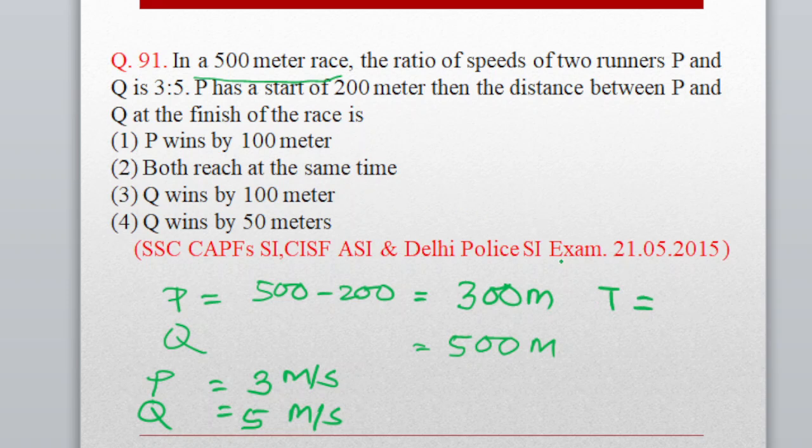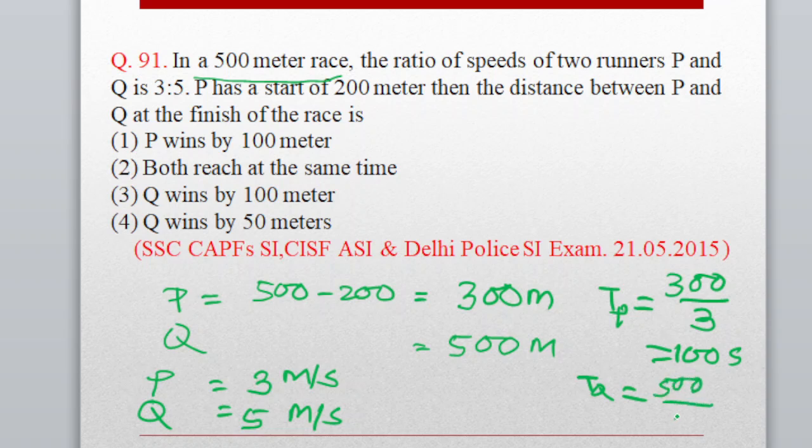So time taken by P, TP, is 300 by 3, which is equal to 100 second. And time taken by Q is 500 divided by 5, which is again 100 second. That means both will take the same time, so option 2 is the right answer.